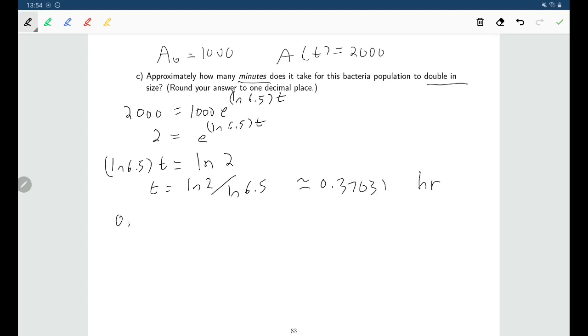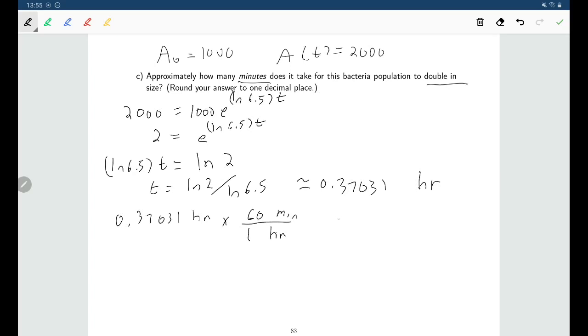But the one thing I need to remember here is that if we're looking at 0.37031 hours, that for every 1 hour, there would be 60 minutes.